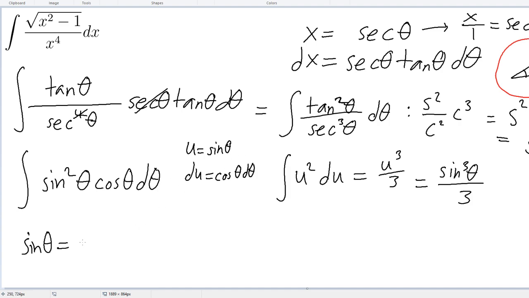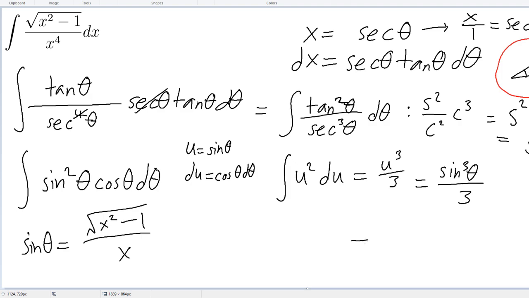Then sine theta would be opposite over hypotenuse. The opposite side of theta is the square root of x squared minus 1, and the hypotenuse is x. So this is sine theta.